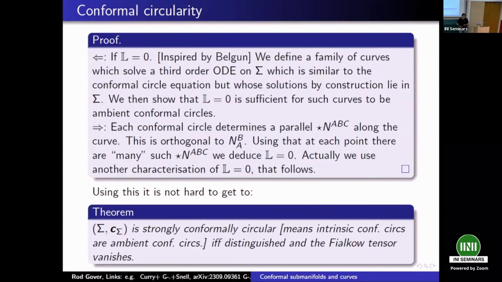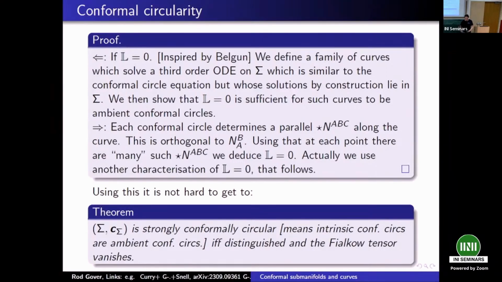It's a longish proof, but it's much simpler than in Belgin. So Belgin did a version of this, not using tractors, that has some very nice aspects, but it's very hard to follow. But in this direction, if L is 0, and this bit is very much inspired by what Belgin did, you define a family of curves which solve a third-order equation that looks a lot like the conformal circle equation, but has the property that it defines curves that lie in the submanifold.